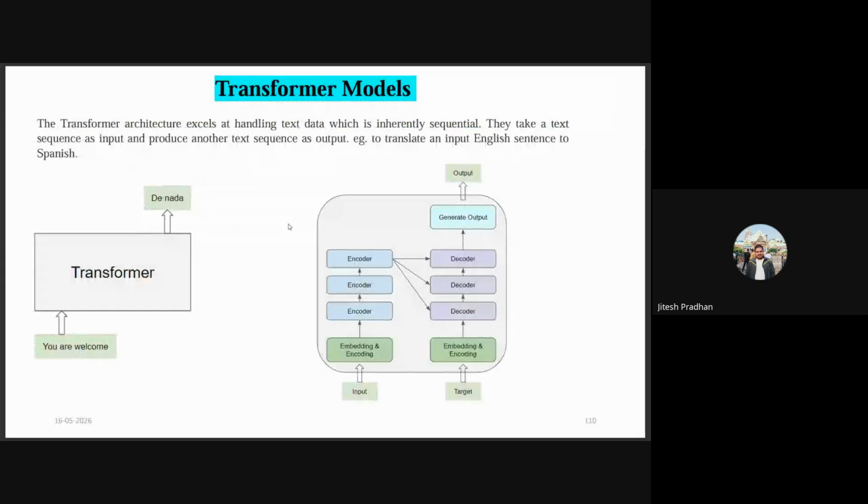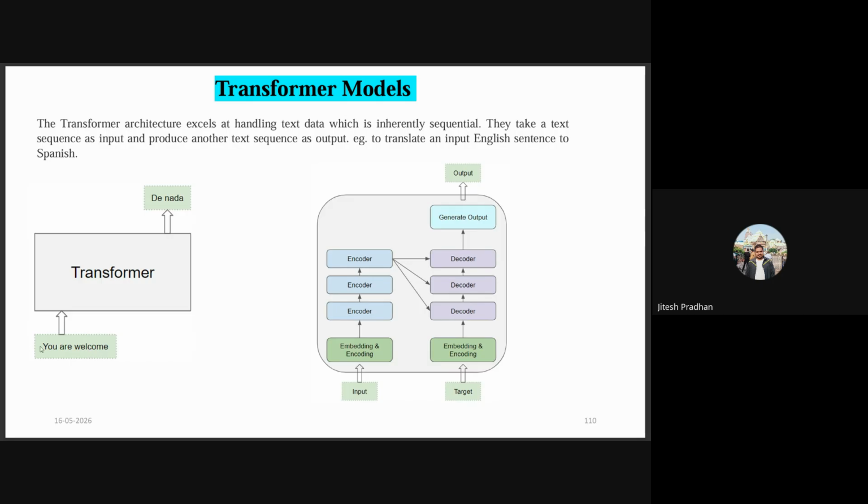Okay, now let's discuss how the transformer model works. So we have a transformer, and we have written "you are welcome". This entire input will be given directly to the transformer model at once. In case of an RNN or LSTM, we have to give "you" first, then "are". From "you" we will predict "are", from "are" we will predict "welcome". That was the process.